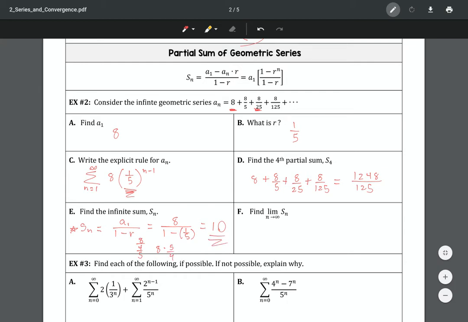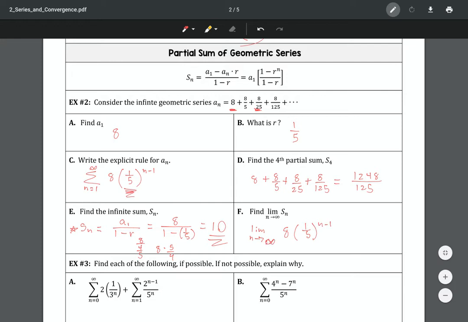Now we want to find the limit of that sum that we just found. So we can say the limit as n goes to infinity of 8 times 1/5 to the n minus 1.